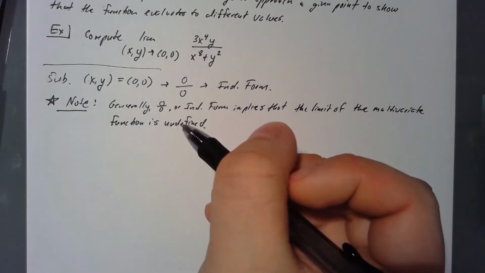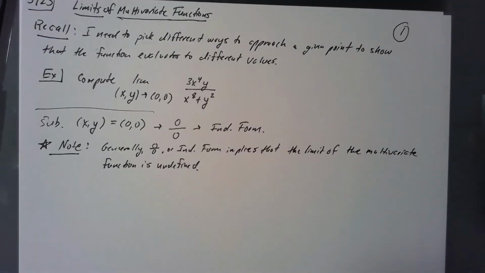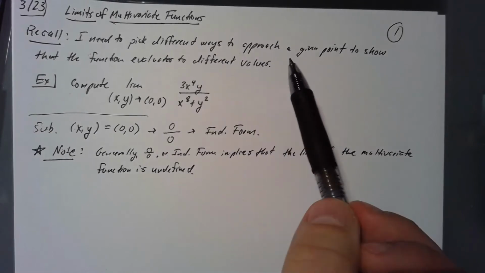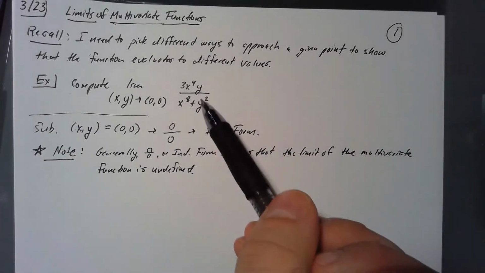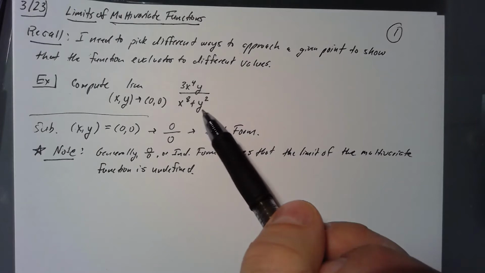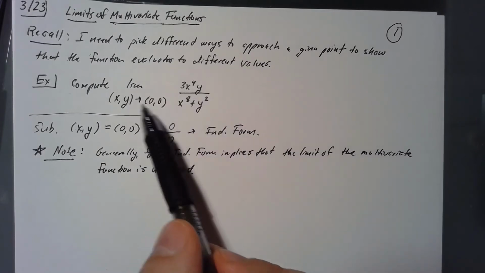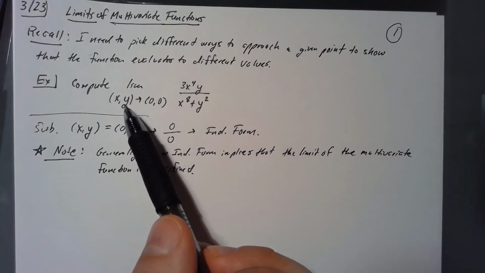Just to refresh your memory, how do we show a limit is undefined? We pick different ways to approach a given point to show that this evaluates to different values. So I'm approaching 0, 0 in the x and y direction.